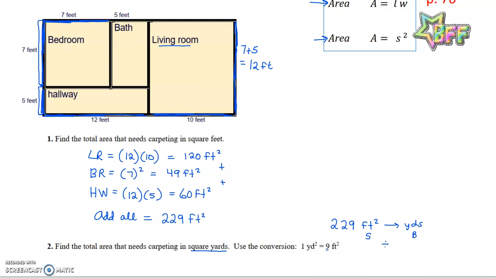And I'm going to divide by the conversion. So I'm going to take 229 square feet and divide by 9, and that's going to give me 25.4 square yards. So 229 square feet is equal to 25.4 square yards.